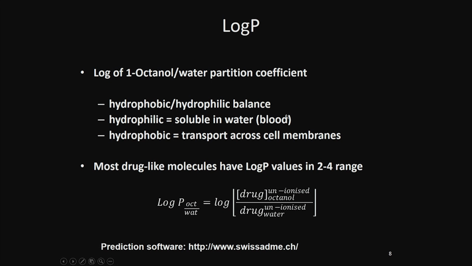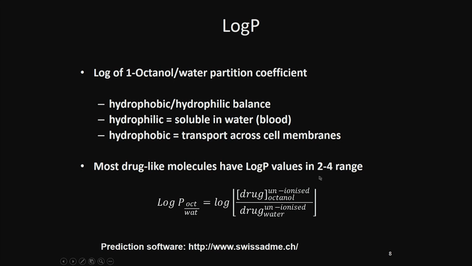Hydrophilic means water soluble, or soluble in blood. Hydrophobic helps transport across the cell membrane. As you can see, log P is going to contradict between solubility and permeability. If the log P is very high, it is hydrophobic and will pass through the lipid membrane, but solubility can be poor. If the log P is low, it is hydrophilic and highly water soluble, but passing through the membrane may be difficult.